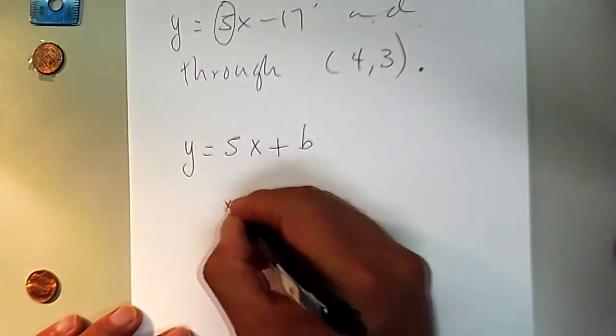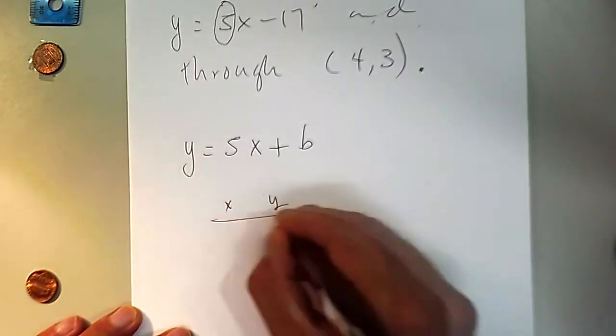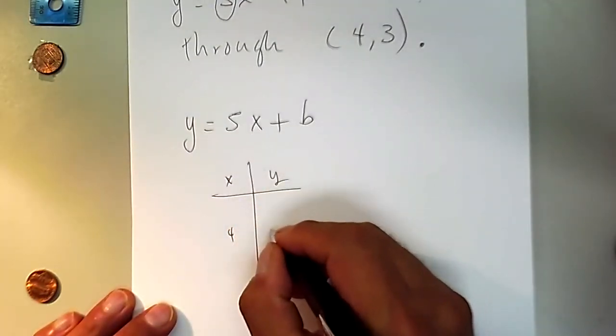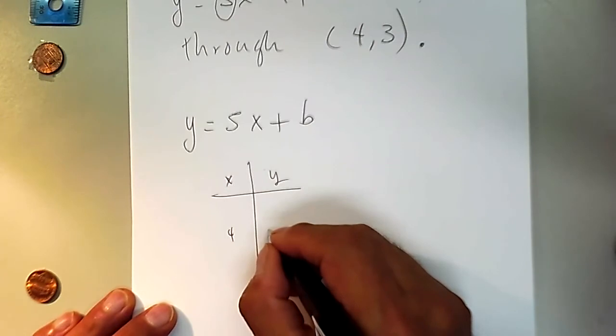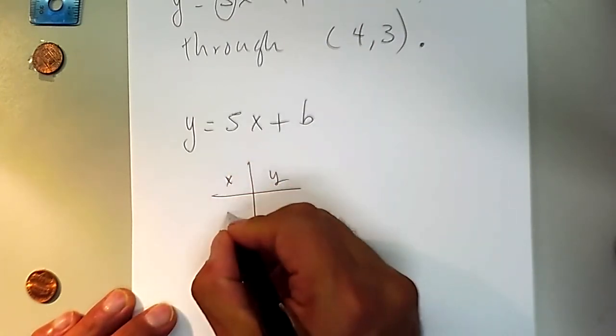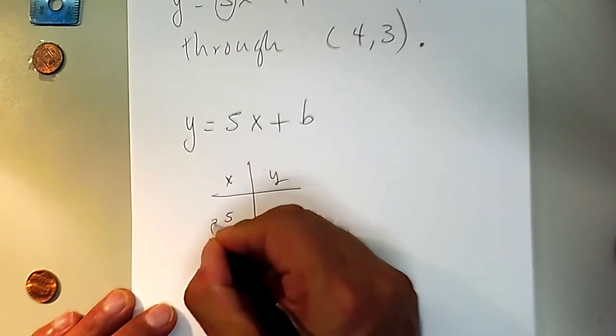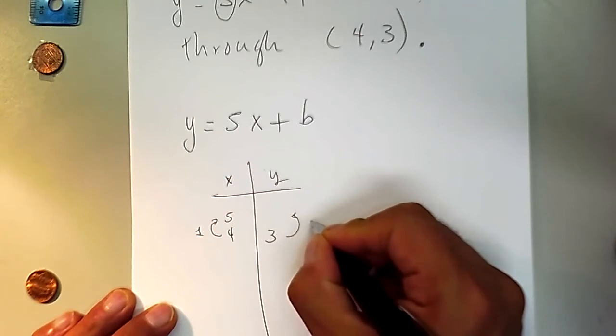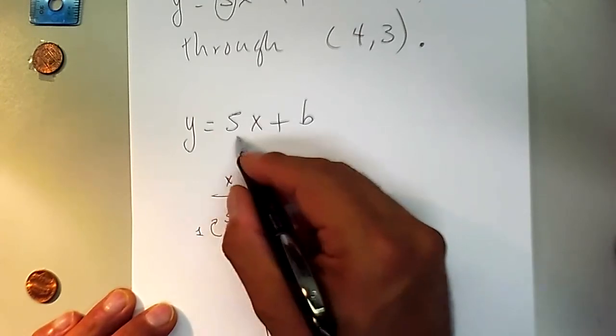Let's do this with a table. When the input is 4, the output is 3. The slope is 5. So when we go up by 1, the output goes up by 1 as well. No, it goes up by 5 because that is the slope.